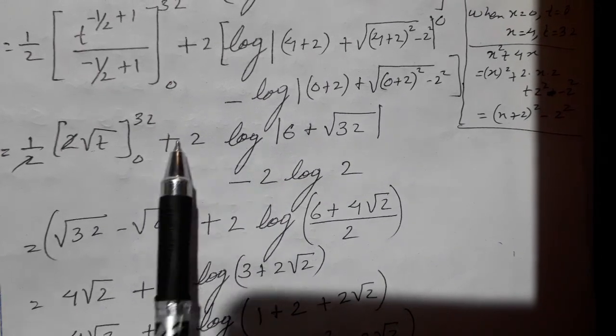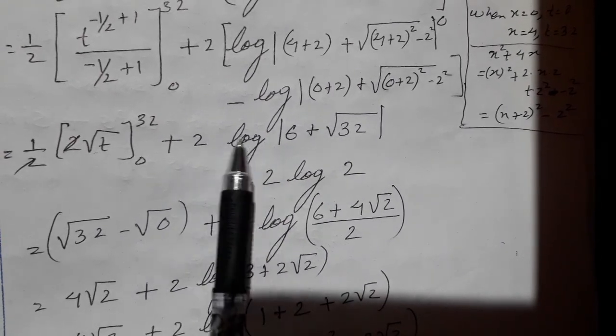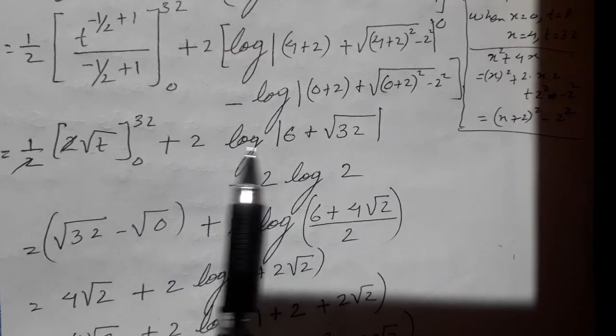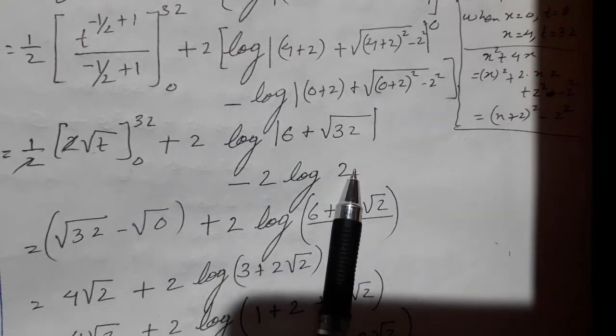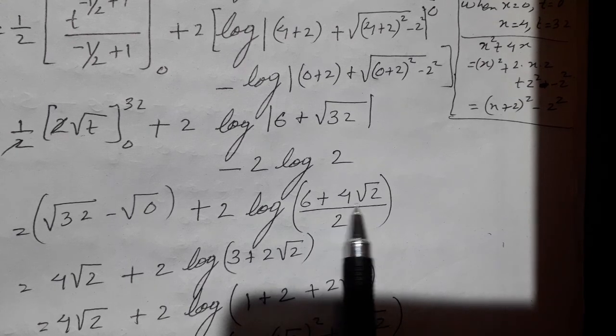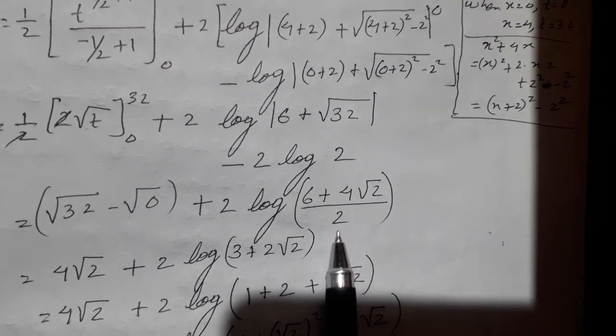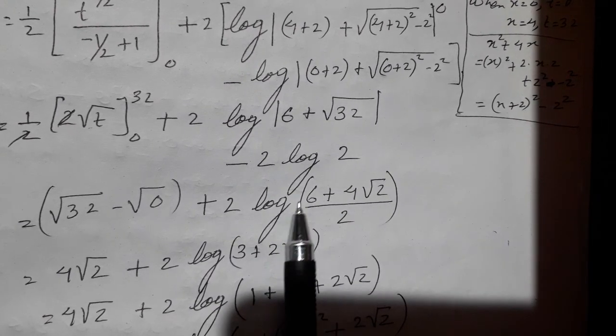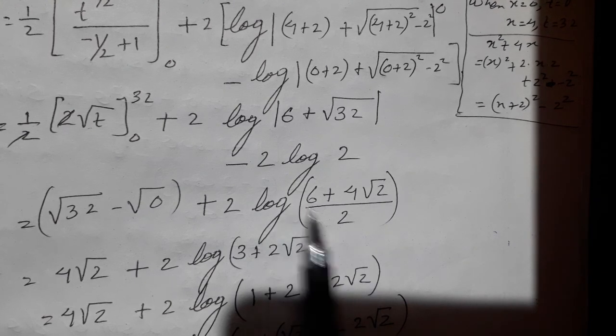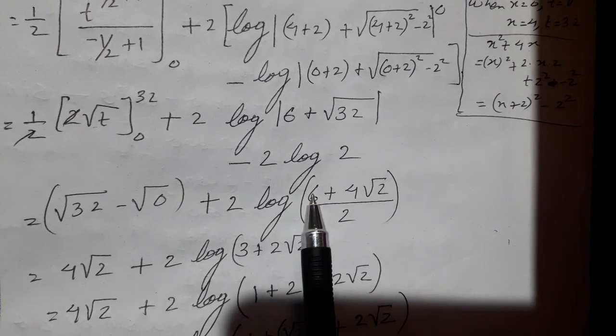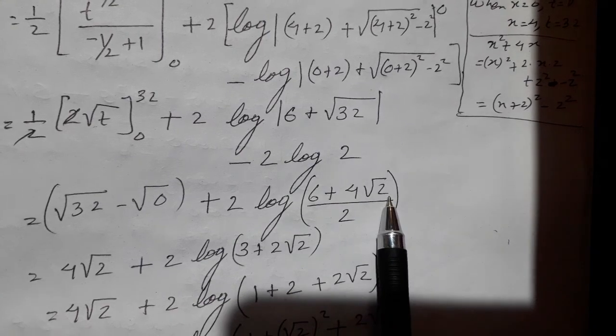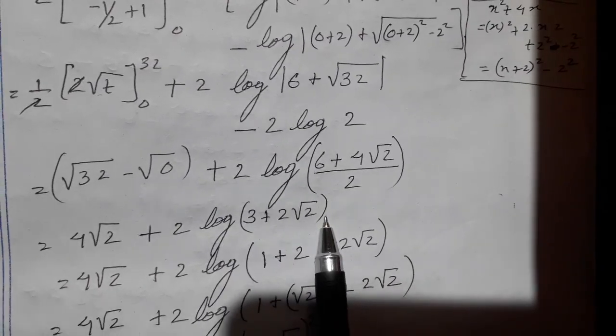Then I take the 2 common and combine using the log property. Since we have minus, this will be divided, so we have (6 plus 4 root 2) divided by 2. Taking 2 common and cancelling, we are left with 3 plus 2 root 2.